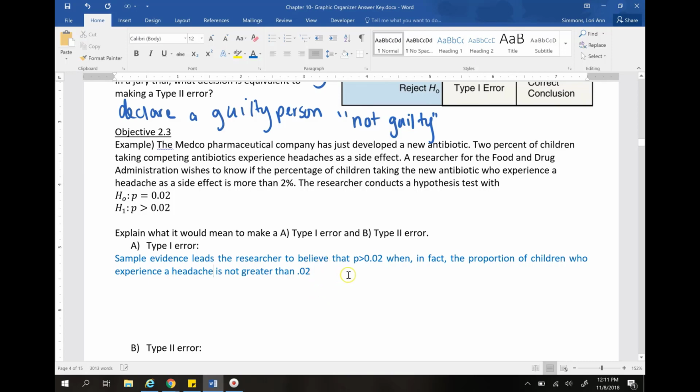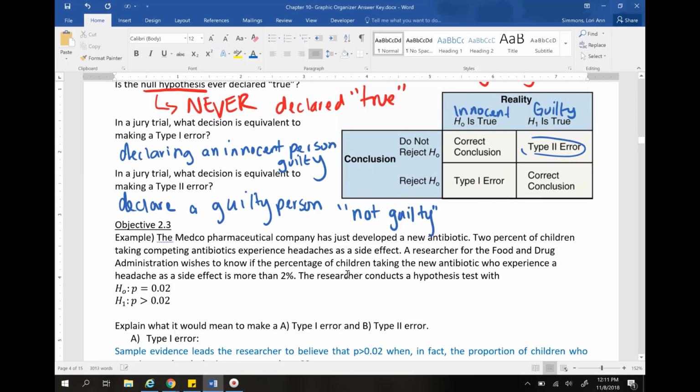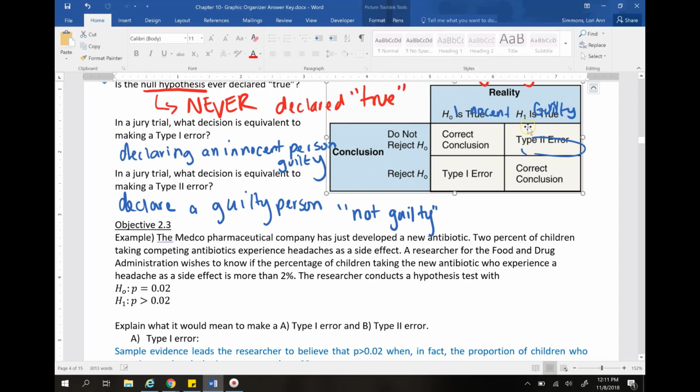If you're having a hard time visualizing this, you can just go back up to this table up here and then just erase the non-guilty and guilty and fill in for the null equal to 0.02 and then greater than 0.02 and do what we did for the trial.